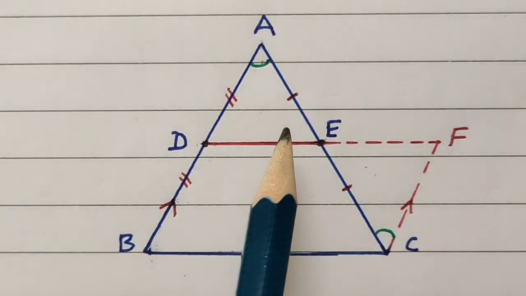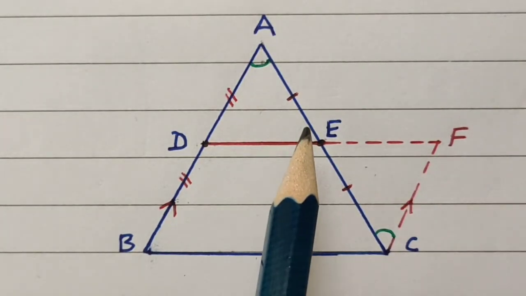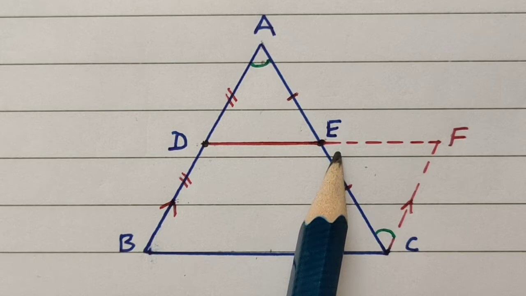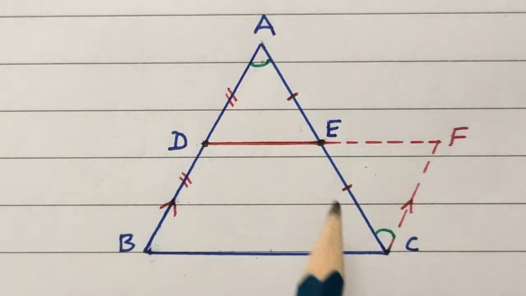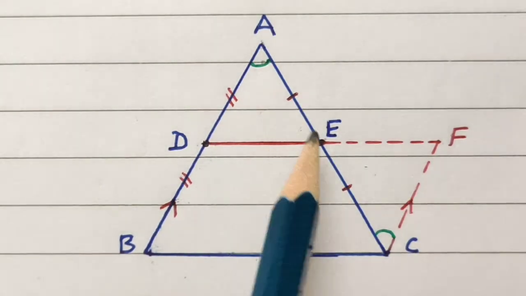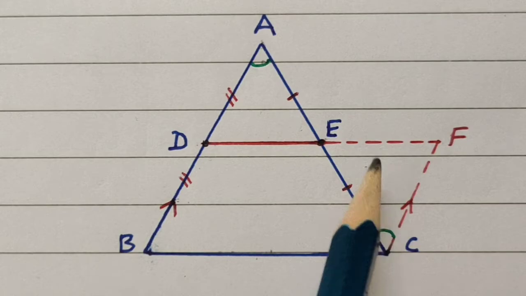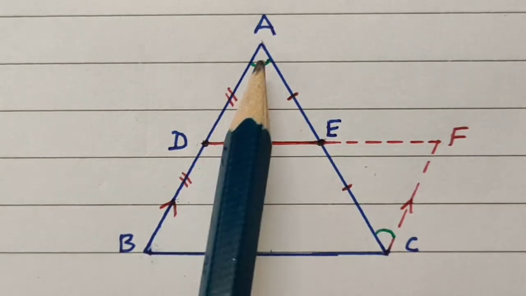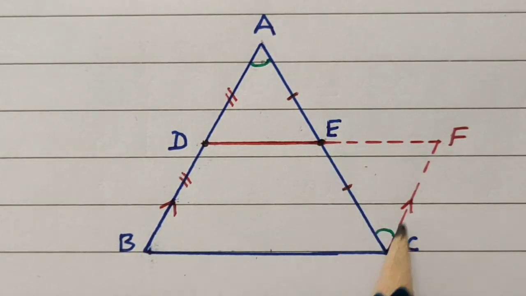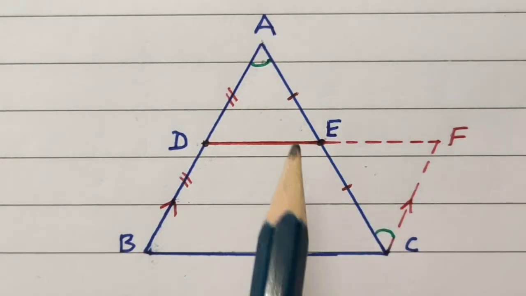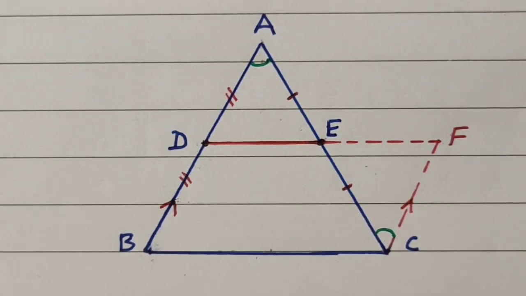Therefore, this angle is equal to this angle, this angle is equal to this angle, and this side is equal to this side. Because of the AAS axiom of congruence, these two triangles, AED and ECF, are congruent.